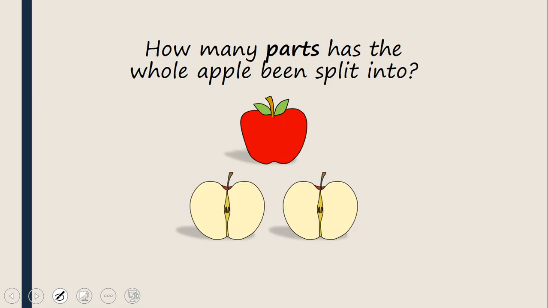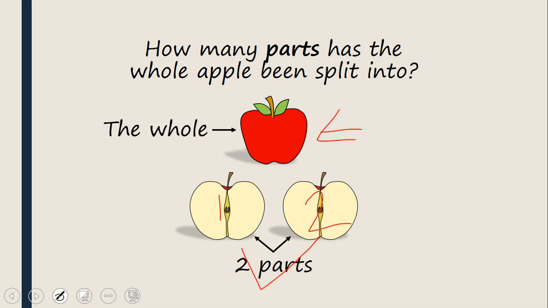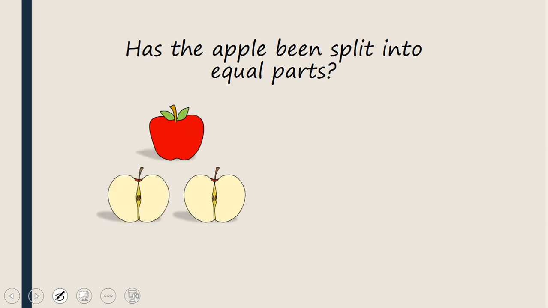So today we are looking at equal parts. So equal means that they're the same size of parts. So here we have our whole apple, and we have 1, 2 parts. So there's 1 part, 2 parts, right? So the whole, 2 parts. Now, are these parts equal? Are they 2 equal parts?